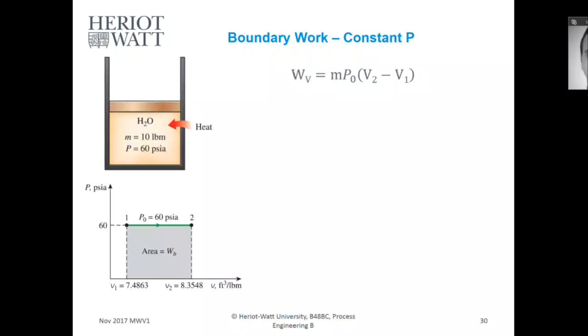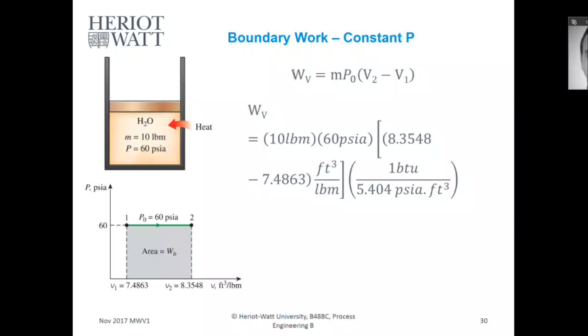So your volume work equals 10 pound mass times the pressure, which is 60 psi. Psi means the actual pressure, not the gauge pressure, times 8.354 minus 7.486, times 1 over 5.404 to convert to BTUs.